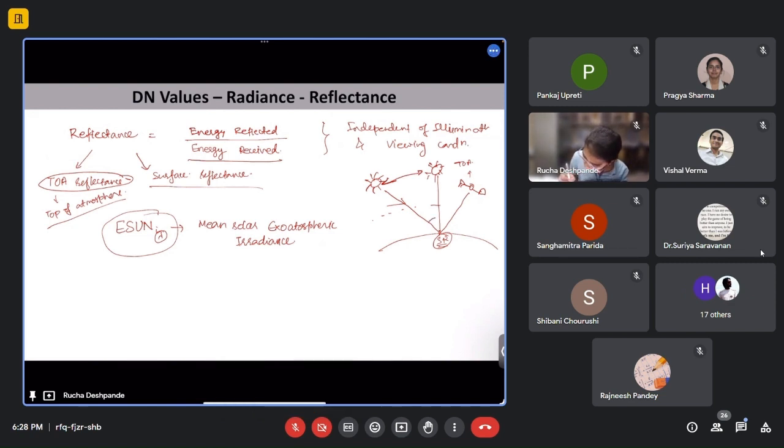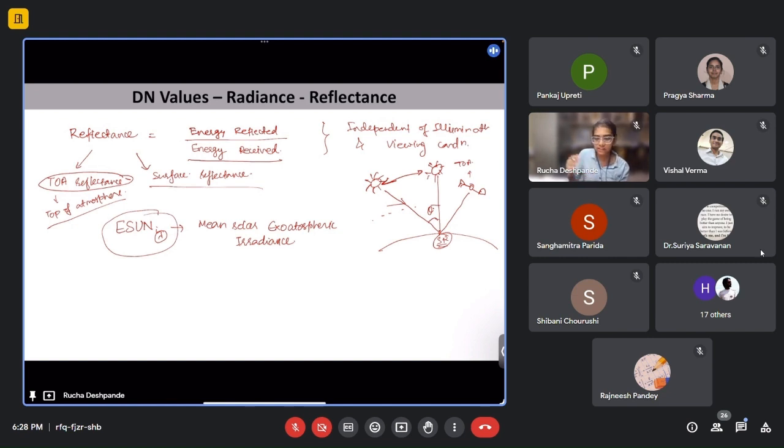So say this angle is theta. We have to account for this changed position of the sun, because when the sun's position changes from the zenith, this vertical line called the zenith, there will be changes in the irradiance incident on the surface.